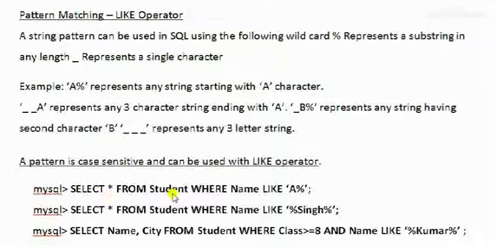Select all from student where name like, instead of equal to, we are using the like operator. When do we use the like operator? When we use any wildcard. There are 2 wildcard symbols, as I just told you: one is mod, another is underscore.